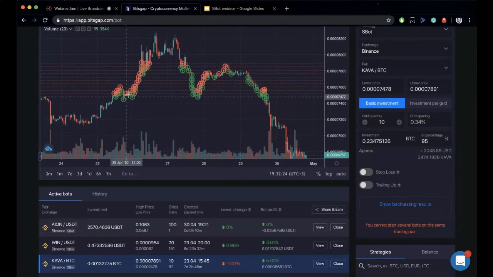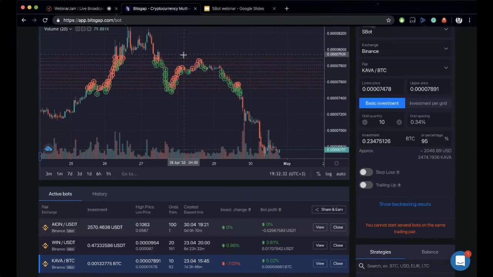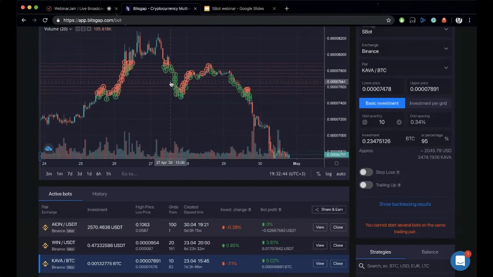So it was trading in this trading range in the sideways market. When the price was moving downwards, it was buying. So it basically was buying on the falling market, achieving the cost averaging effect. So it's like you are proportionately buying at lower price, minimizing your risk. And then you see that the price moved upwards and it sold all of these buy orders. All right.